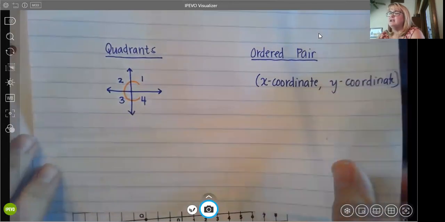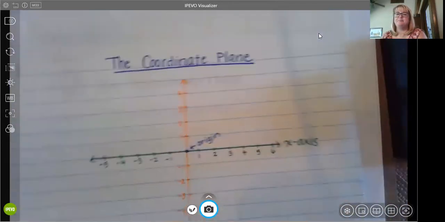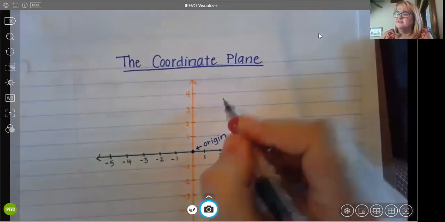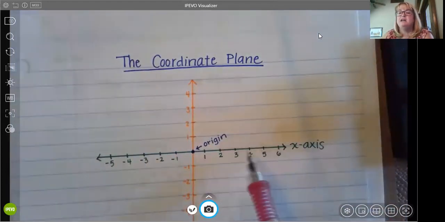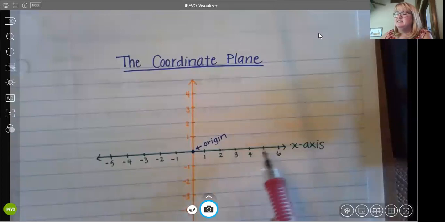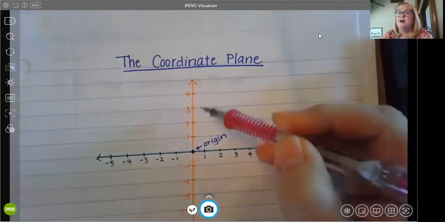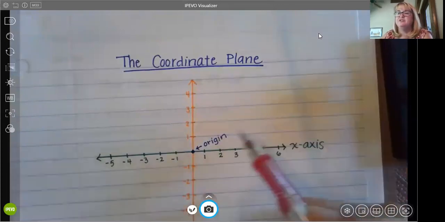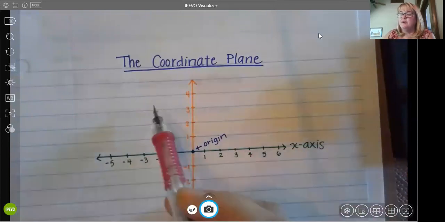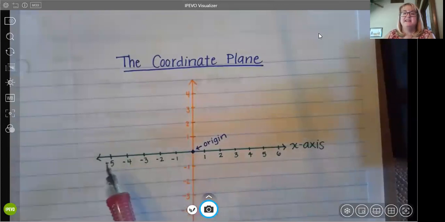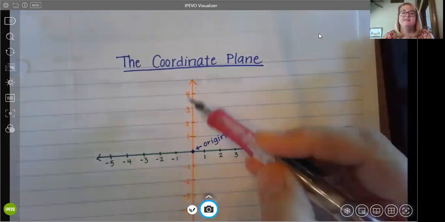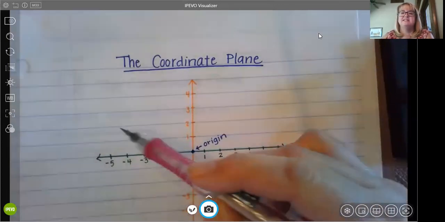If we look at it a little more closely, this right here is the first quadrant. The first quadrant has the positive numbers on the x-axis and the positive numbers on the y-axis. The second quadrant has the negative numbers on the x-axis and the positive numbers on the y-axis.